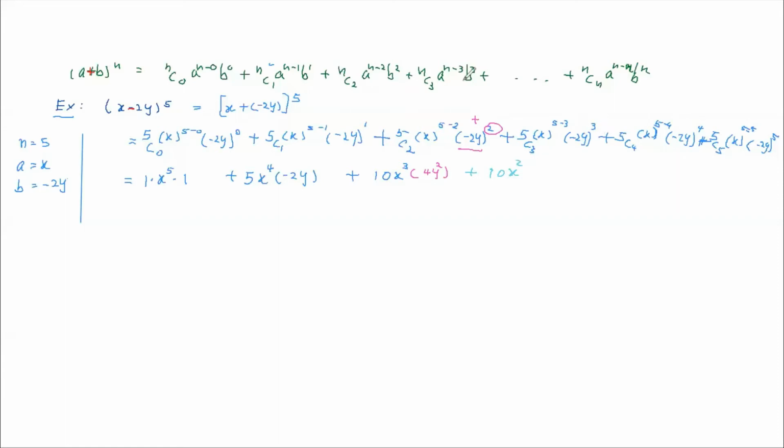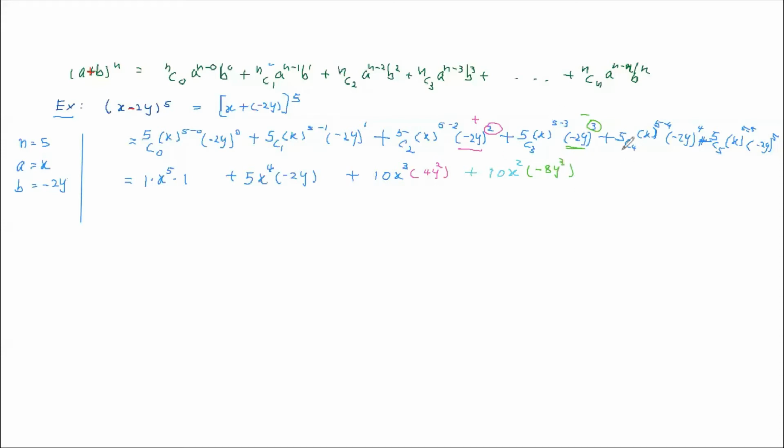And again this one, very important, okay? Minus 2y, the whole thing power 3. Again, this one is an odd number, the power is odd, right? So the sign must be negative. So this is going to be negative 2 power 3, which becomes 8, and y power 3.